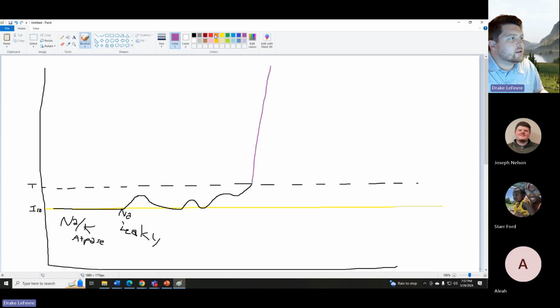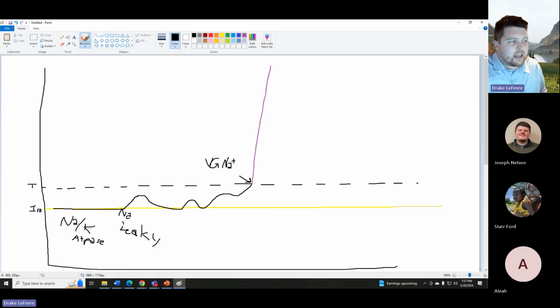What causes the depolarization? The inside of the cell being more positive. The way that happens is that we get an influx of sodium.